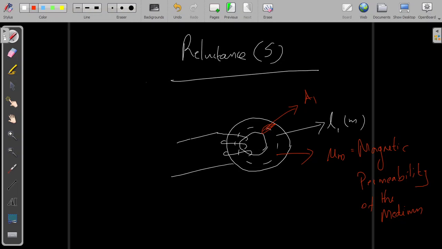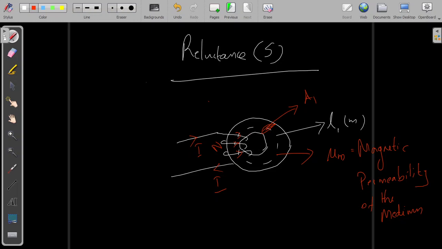Now let us imagine that a current I is flowing in this way. There are N number of turns, and current is flowing through that winding of N number of turns.